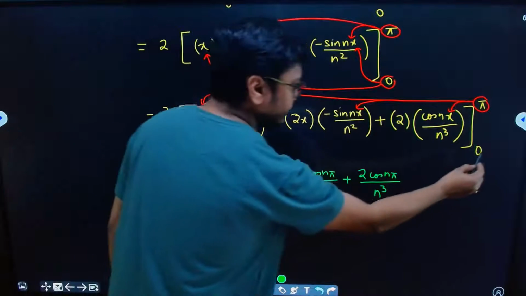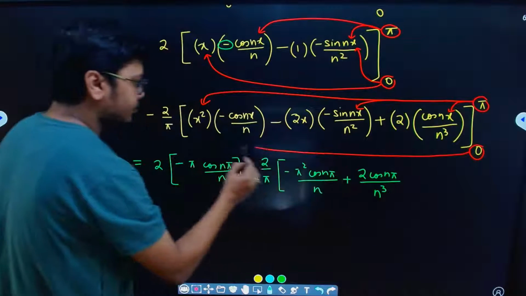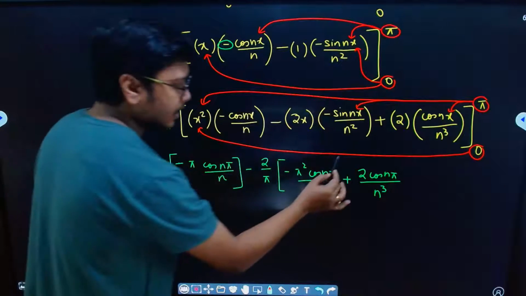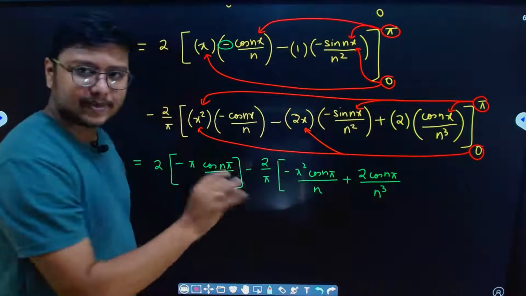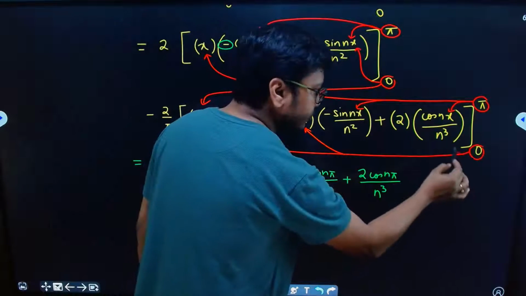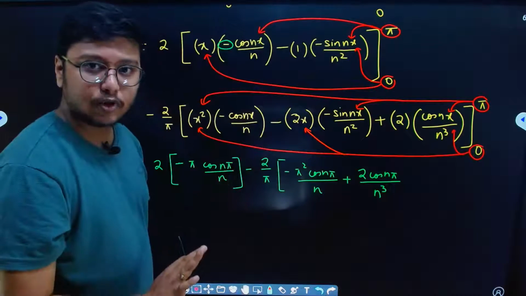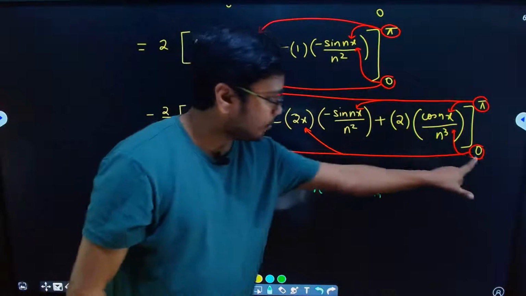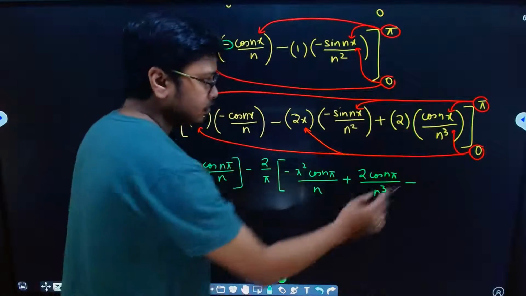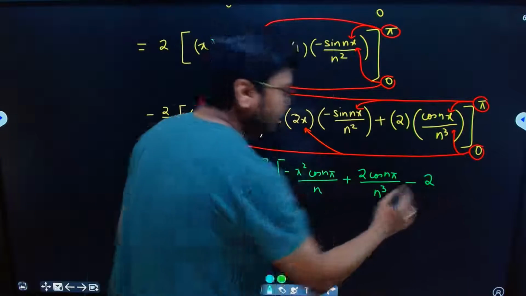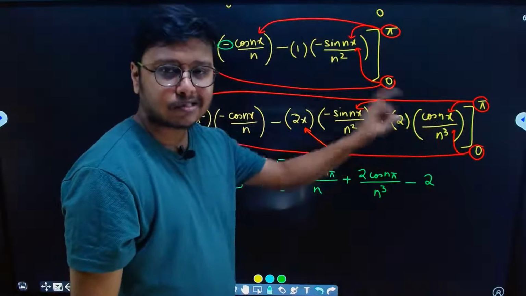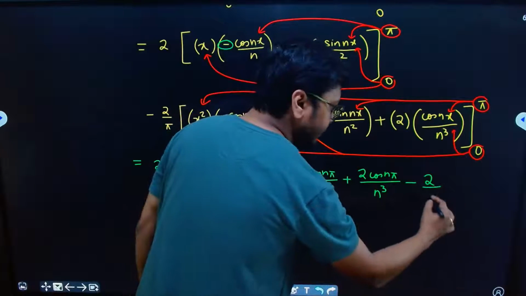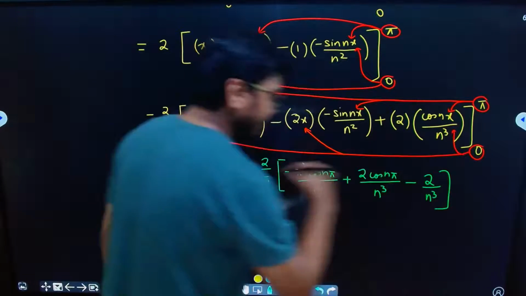Now if I put 0 over here, it is becoming 0. If I put 0 over here, it is becoming 0. If I put 0 over here, that term is going to remain. So minus, I'm putting the lower limit for the last term. So if I put a 0, I will have 2 cos 0. Cos 0 is 1. So just n cube is going to remain.